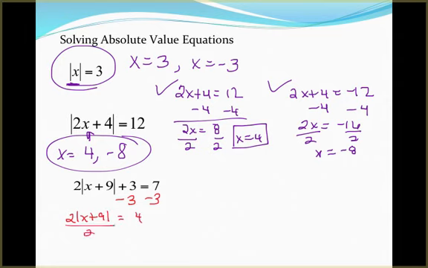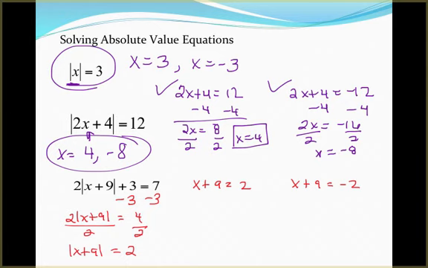Then we'll divide by 2 and get that the absolute value of x plus 9 is equal to 2. Now I can rewrite my two equations. So x plus 9 would have either given me 2, or x plus 9 could have given me negative 2. So again, once I take the absolute value of both sides of that, I would get back that x plus 9 was equal to 2.